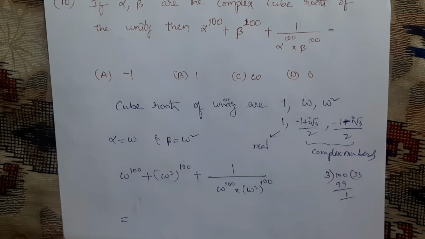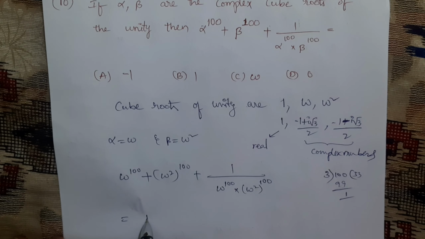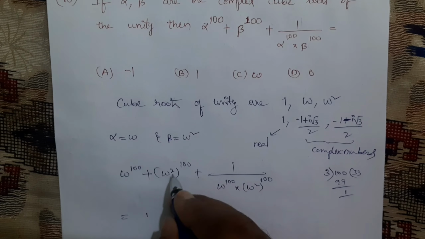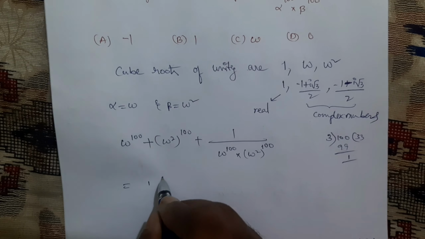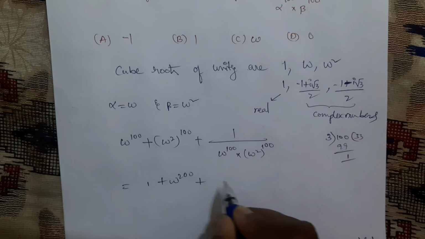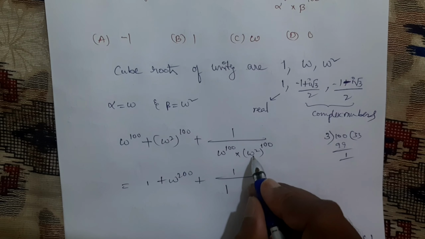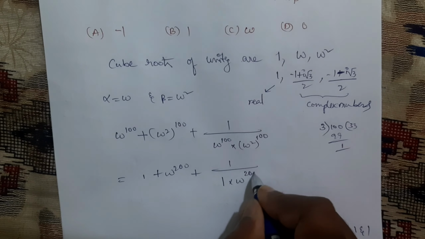If the remainder is 1, then that value is equal to omega. Next, omega square power 100 we can write as omega power 200, nothing but omega power 200.